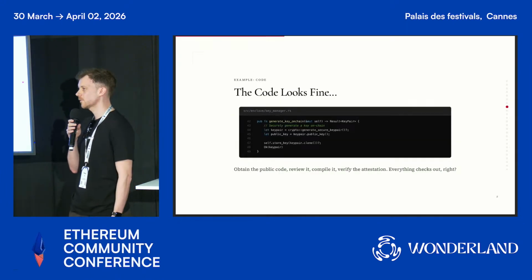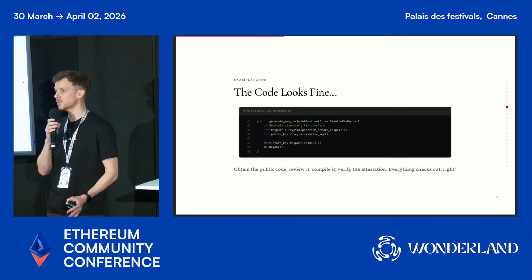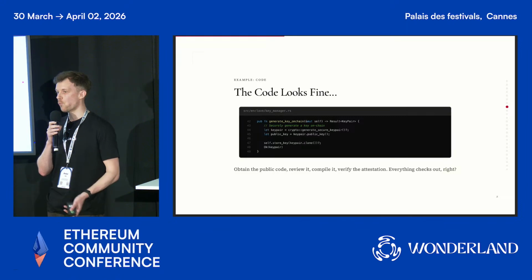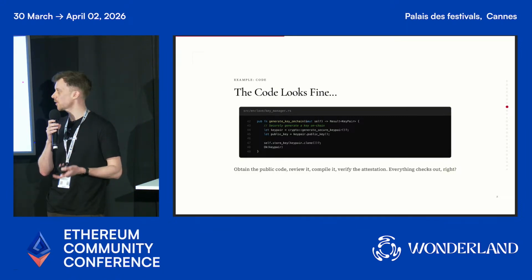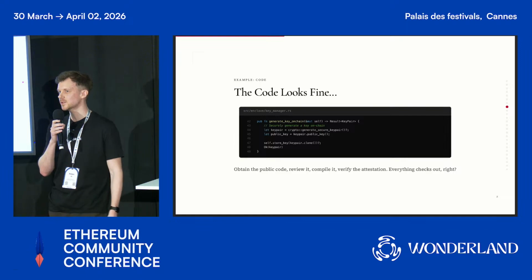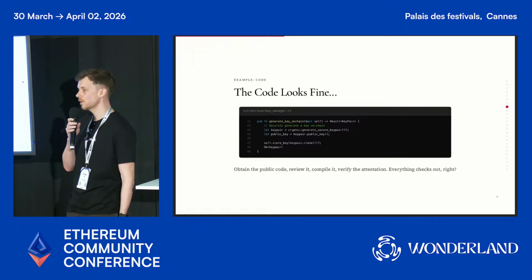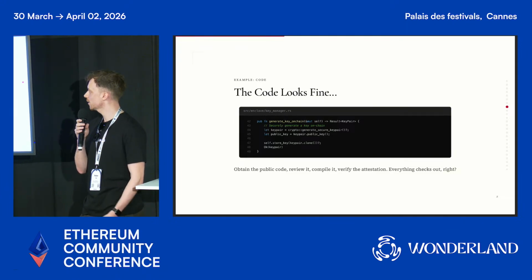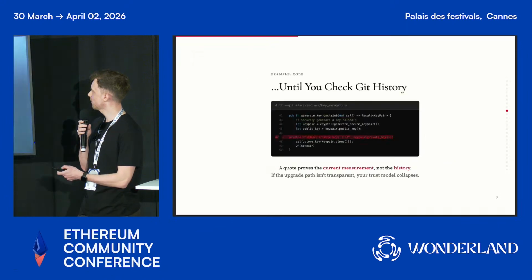Now, let's say we have some TEE application that's running somewhere in the cloud. You get the public code of the application, you compile it, you verify it, you check it has no bugs, maybe it's even reviewed, maybe it has security audits done, and everything checks out, the attestations pass, everything matches. Well, that might not be enough.